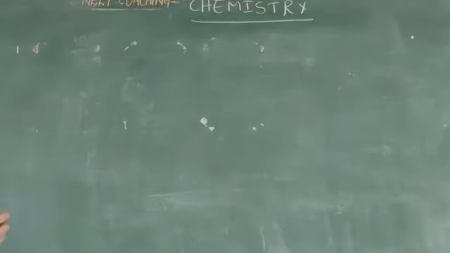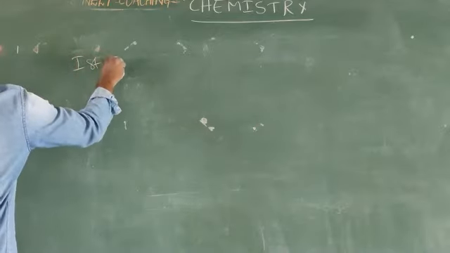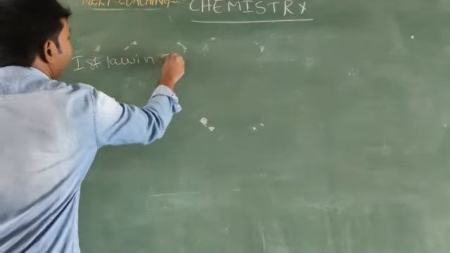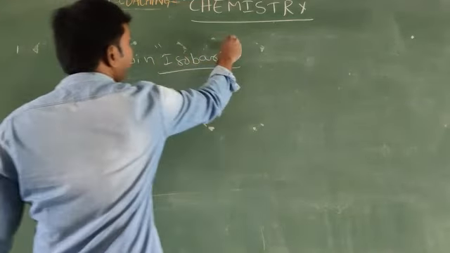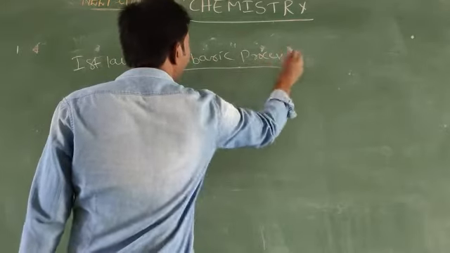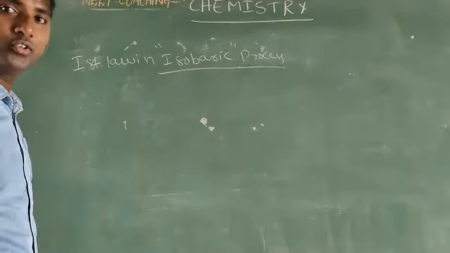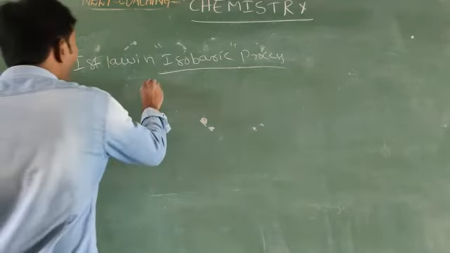Then first law in isobaric process. Isobaric process: pressure remains constant, or del P equals 0.